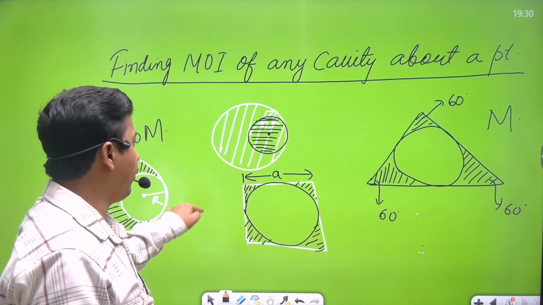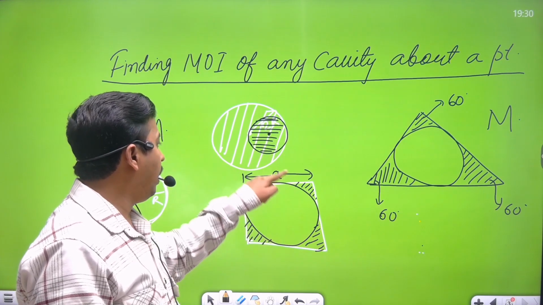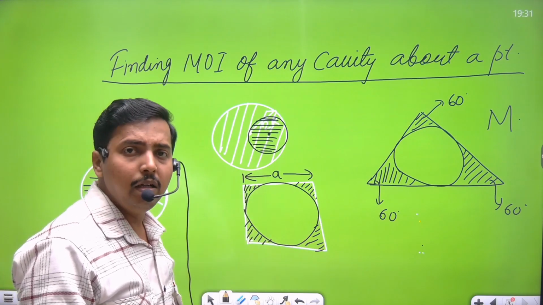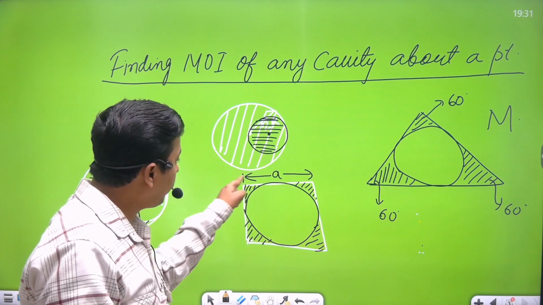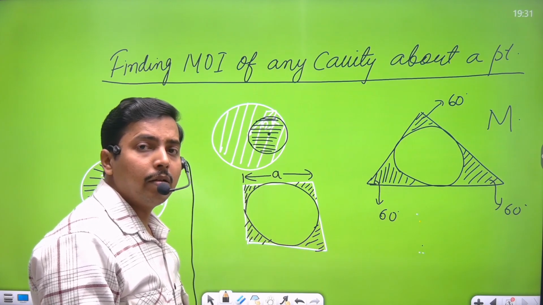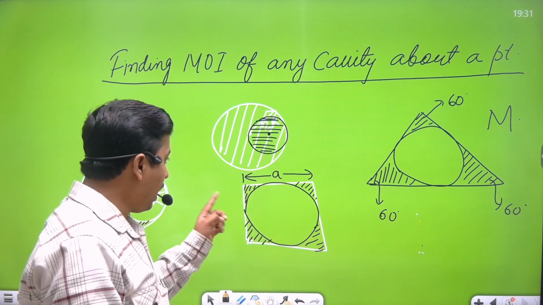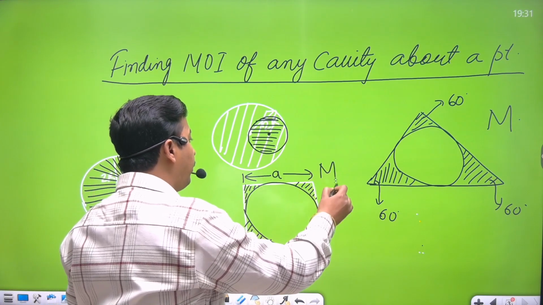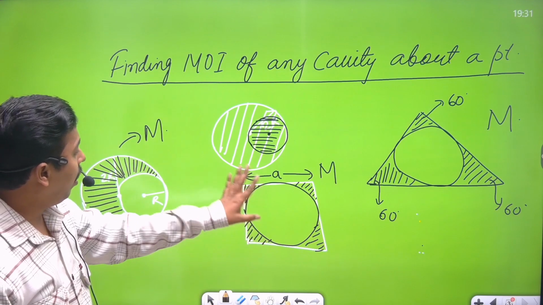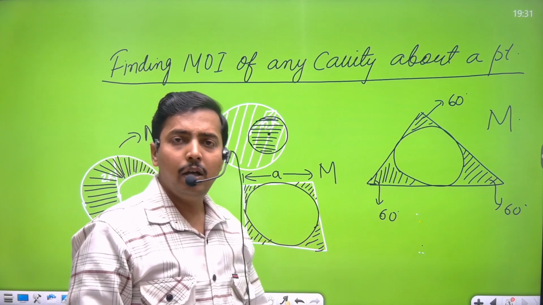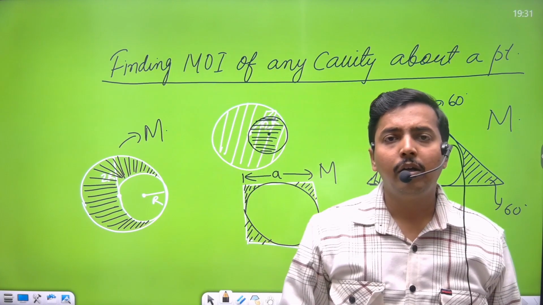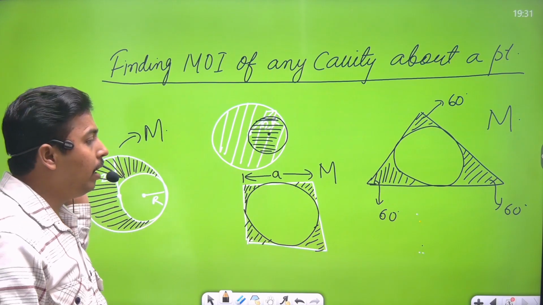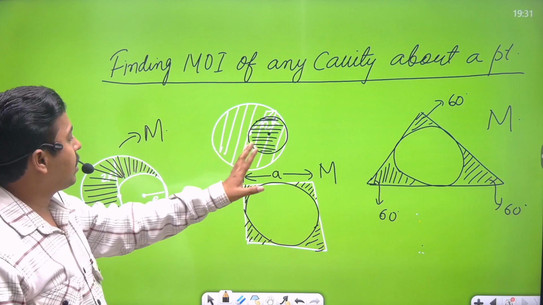So the question can be framed that a maximum radius disk is carved out from a square of edge side A. The mass of the square plate before the cavity was made is given to be capital M. Then find the moment of inertia of the remaining portion. So this can be the format of any question pertaining to cavity problems. Cavity problems are just like these types of sample problems.